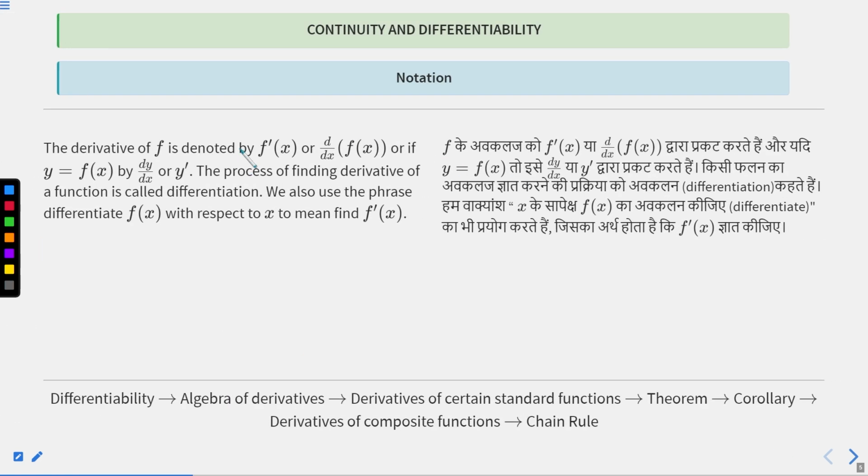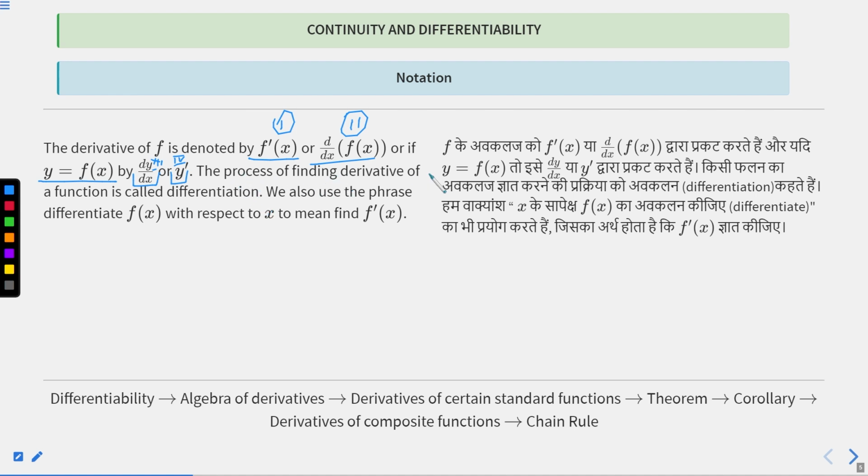Now notation: the derivative of f is denoted by f dash x, or in this form. Or if y equals f of x, by dy over dx or y dash, many notations. First is this, second one you can use this, third one is this, fourth one is this. All represent only one thing, the derivative of f.